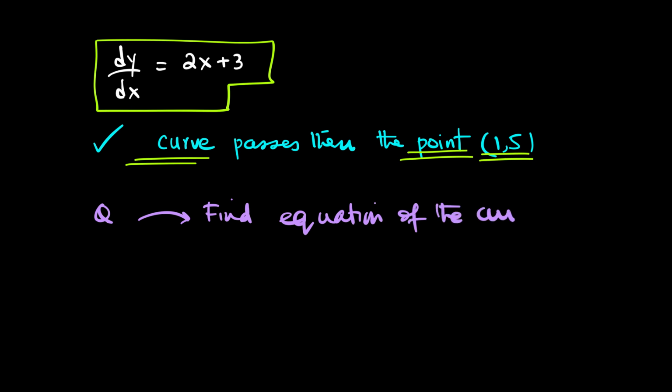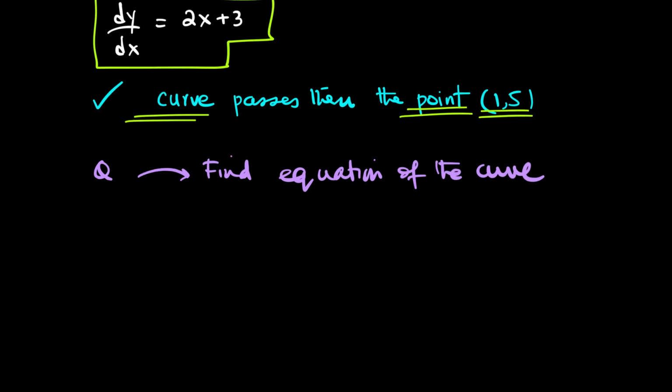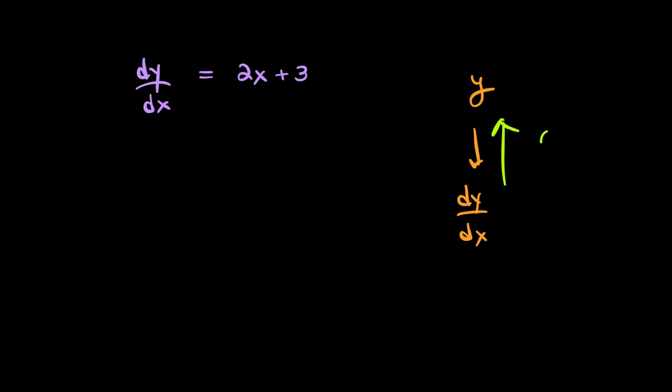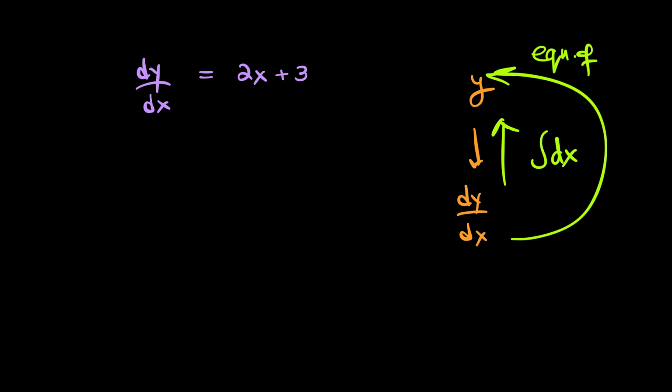So now what do we do? We take the gradient function dy by dx equals 2x plus 3. And we know that if we differentiate y, we get dy by dx, which means that if we integrate dy by dx, we will get the equation of the curve. So that is the process that is being applied.